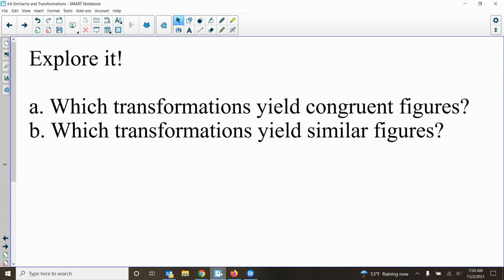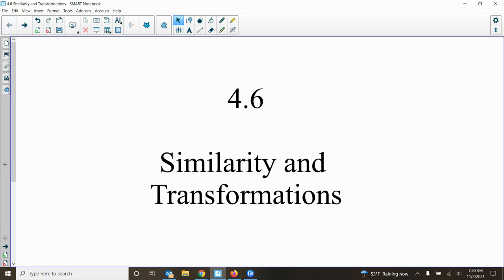This section is called Similarity and Transformations. It's like 4.4, but now we have dilations, so we can start with just similarity.